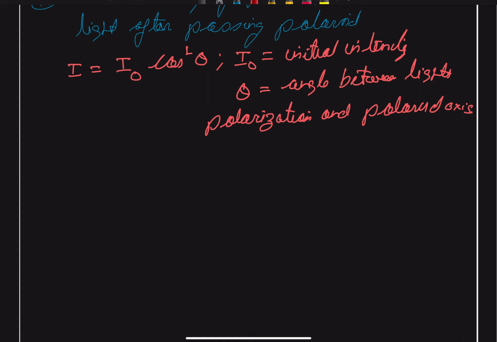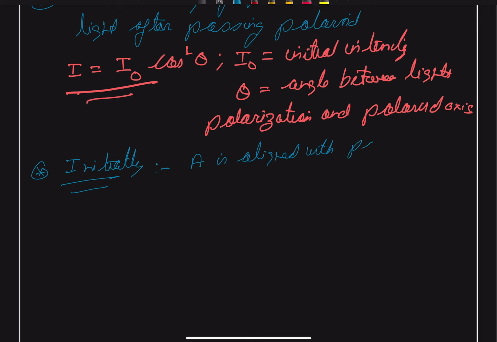So we can write this formula according to initial condition as well as final condition. So initially we are given that A is aligned with polaroid, which basically means that theta is equal to 0.